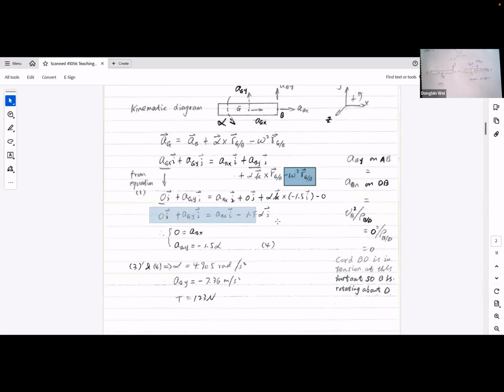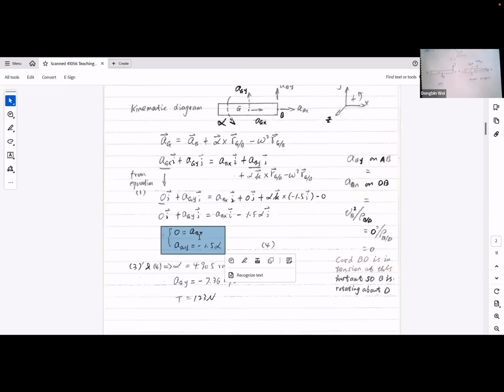Now look at this vector equation. We have AGY, ABX, and alpha, which is 3 unknowns. And you know from one vector equation in planar kinematics, we can establish 2 scalar equations.